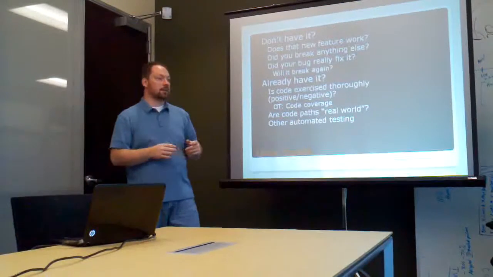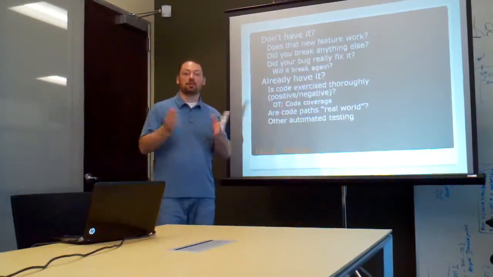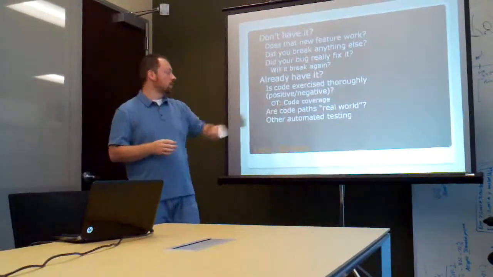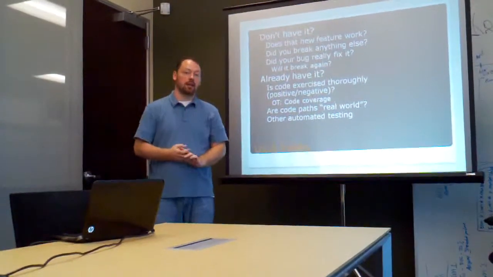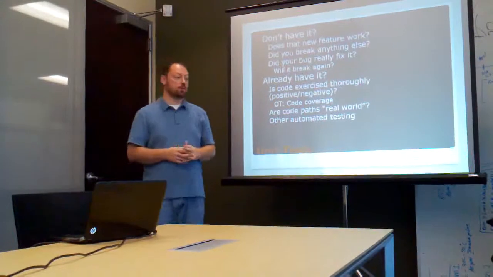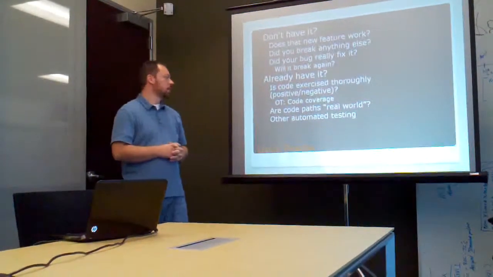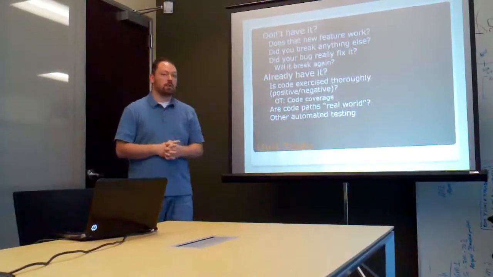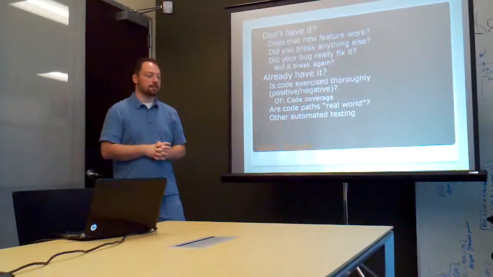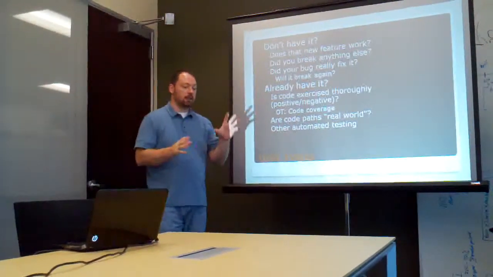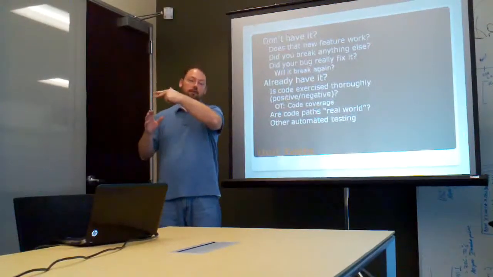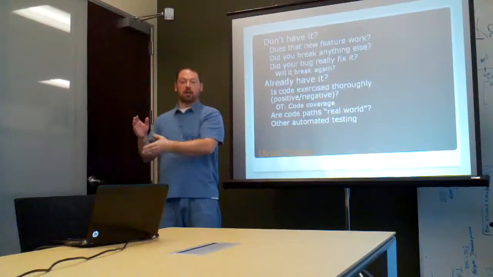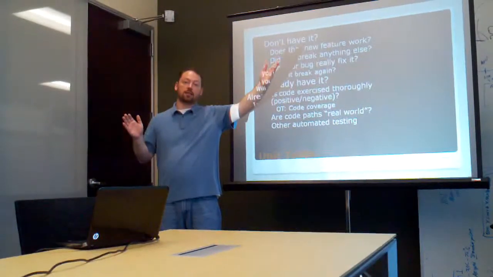So, off-topic, another slide unto itself, another presentation unto itself: code coverage. Are all the paths through your code checked? You can Google code coverage for more information about that. Are the code paths real world? What that means is you may have a product that is entered in through a web service, and things are done, and a thing is spit out.